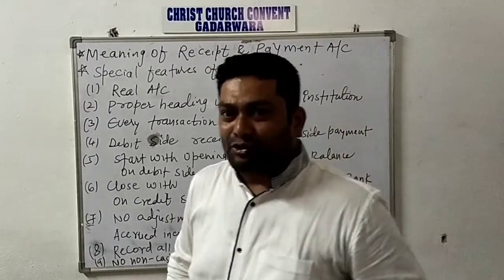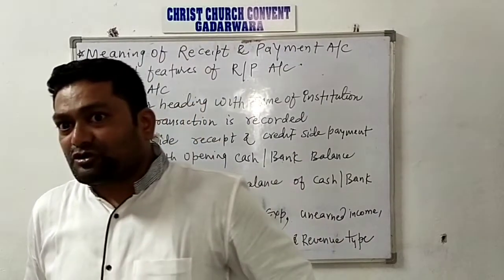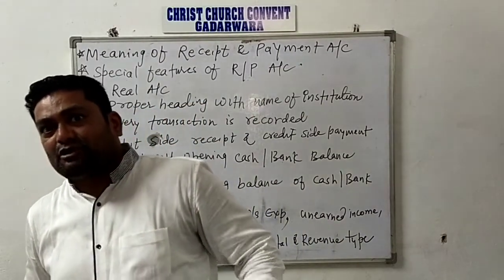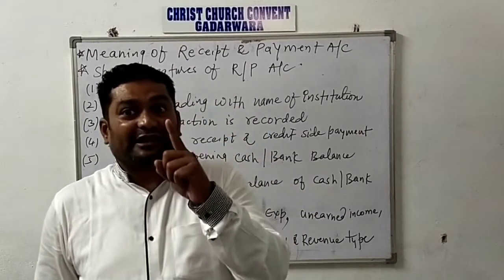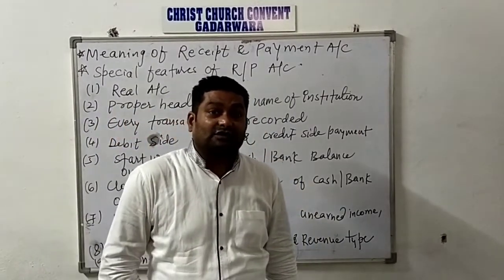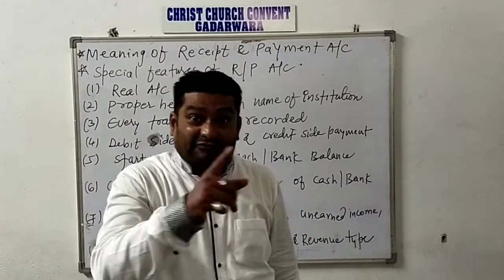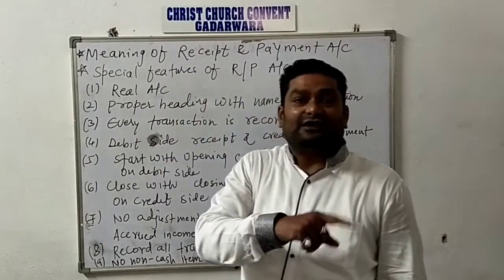And remember one more thing. Do you remember the cash book, simple cash book or 3-column cash book? Cash book can never have a credit balance. It will always have a debit balance only. Likewise, receipt and payment account can never have a credit balance.